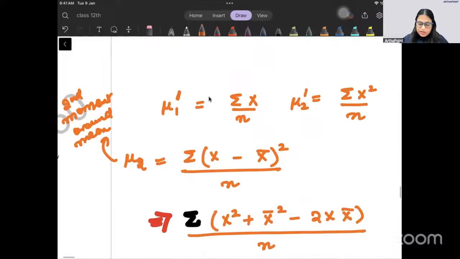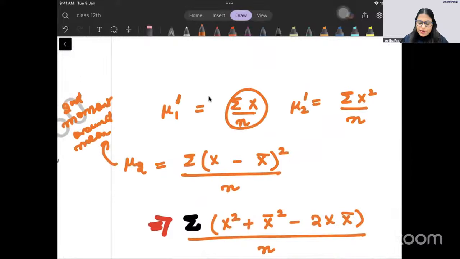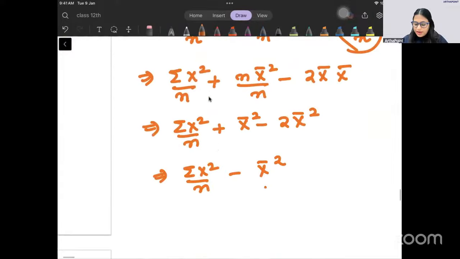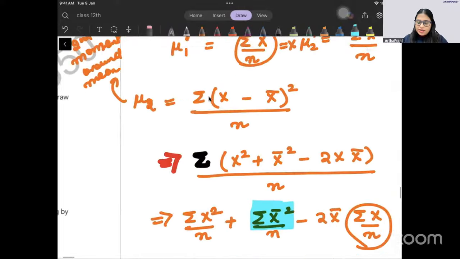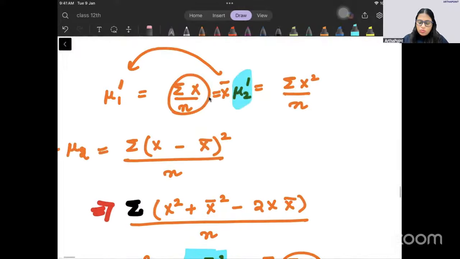Now I know that summation x by n means x bar, this is the first raw moment. So in its place I can plug in the first raw moment. X bar is nothing but first raw moment, and summation x square by n is nothing but the second raw moment.